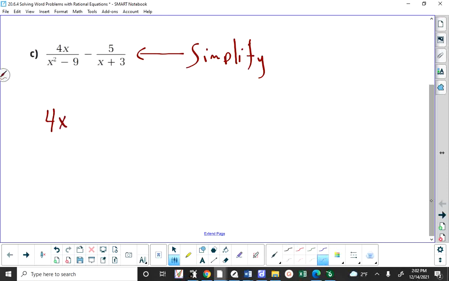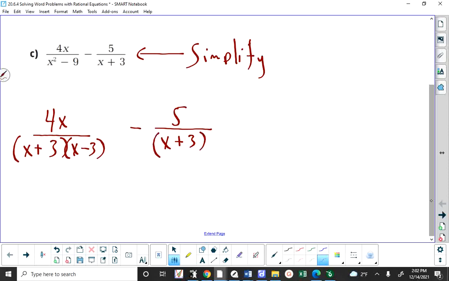You would rewrite this as 4x over x plus 3, x minus 3, minus 5 over x plus 3. You would say your lowest common denominator is x plus 3, x minus 3.